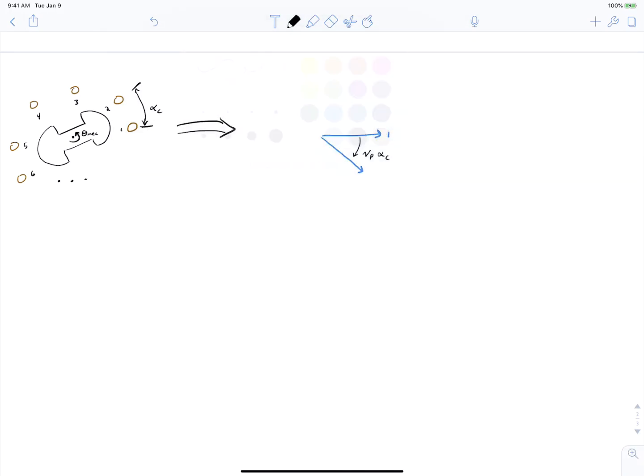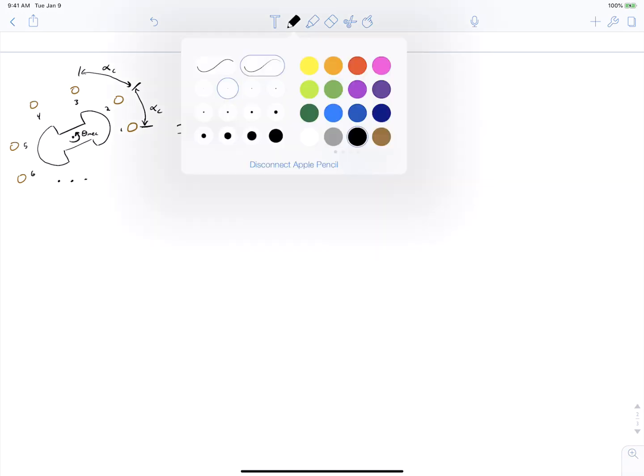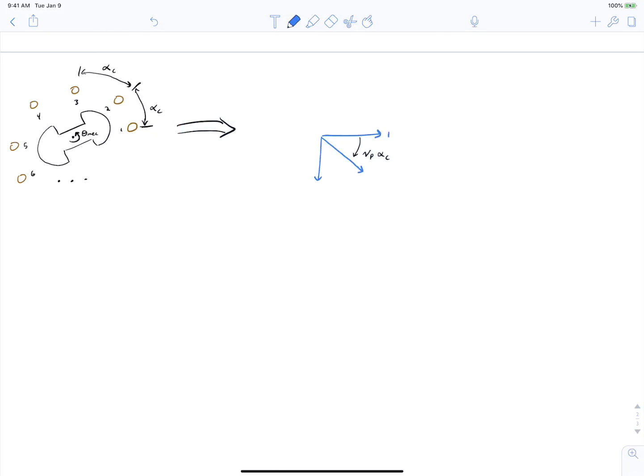And assuming that all of these slots are separated alpha c radians from each other, we can continue doing this. And then we would continue to sketch this until we've drawn all the phasors.